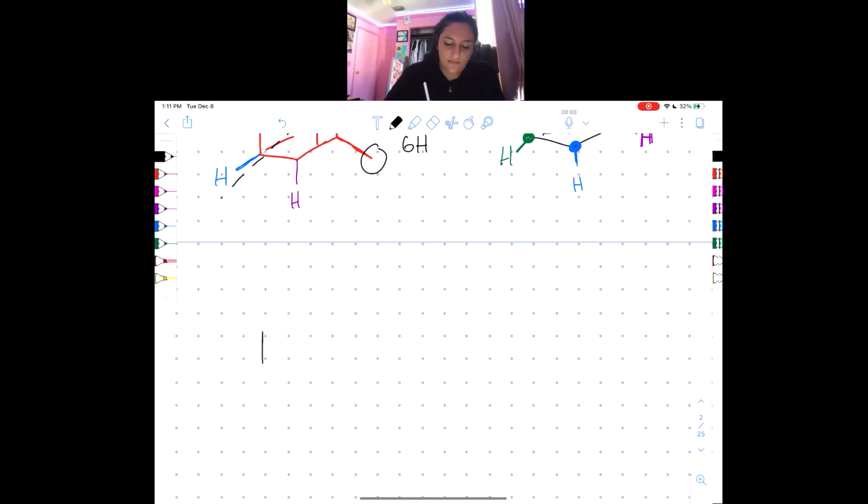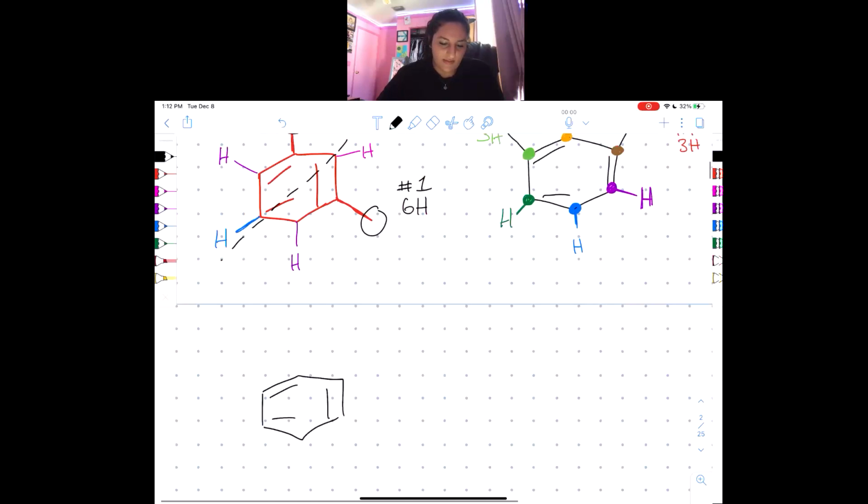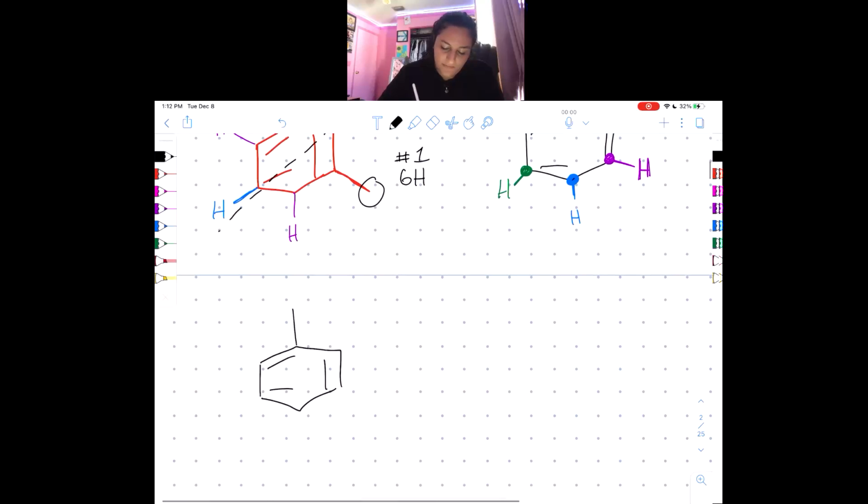All right, so let's do first non-symmetrical by adding a third methyl or substituent. Yes. So here, here, and then, sure, I guess let's do that.